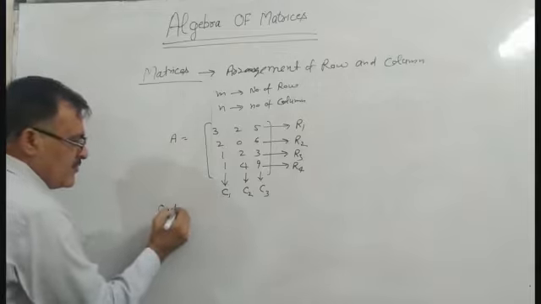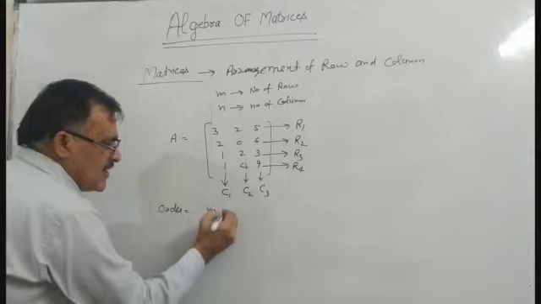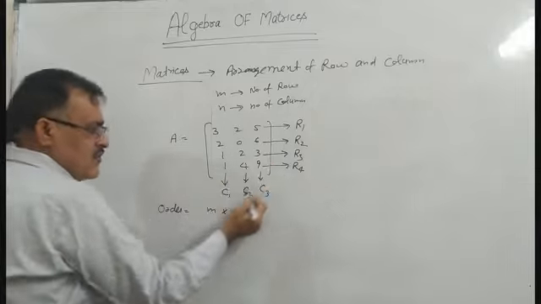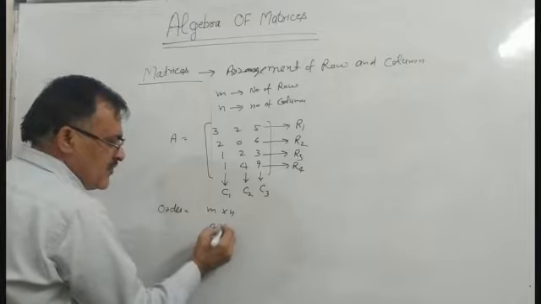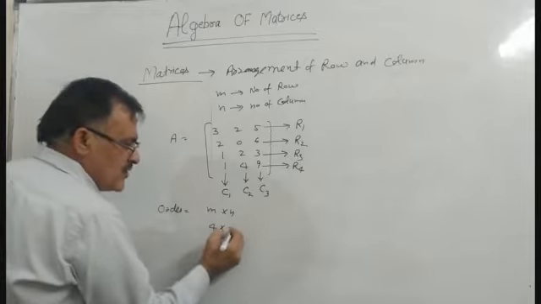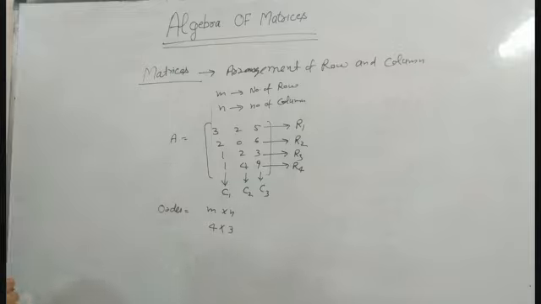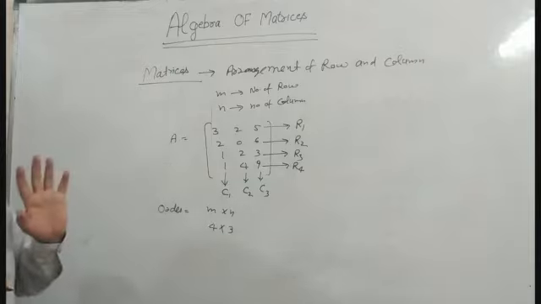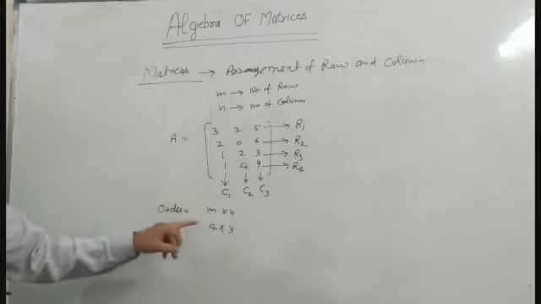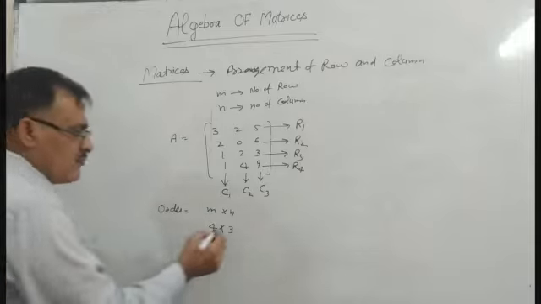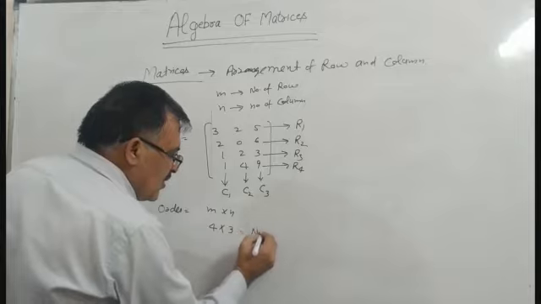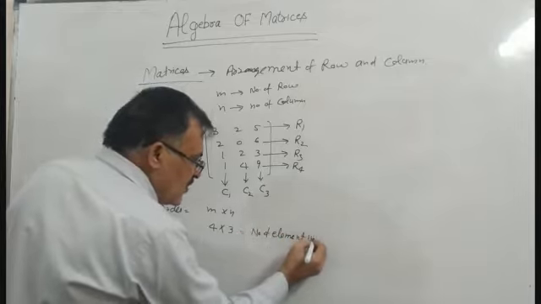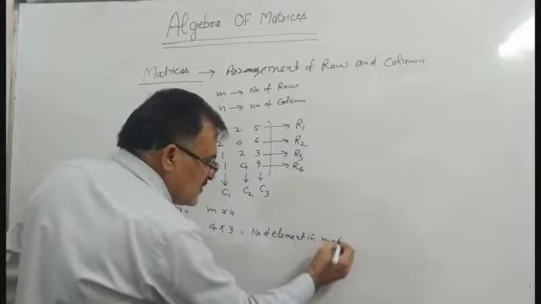Order is M into N. Here the number of rows is 4, so we write 4, and the number of columns is 3. The order of this is 4 into 3. When we multiply, this is equal to the number of elements in a matrix.